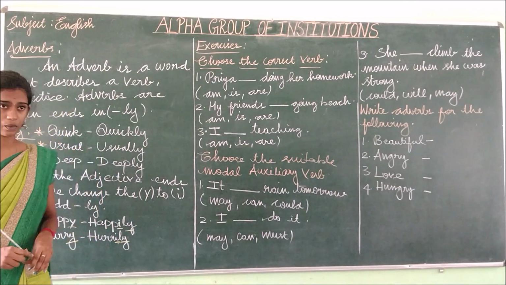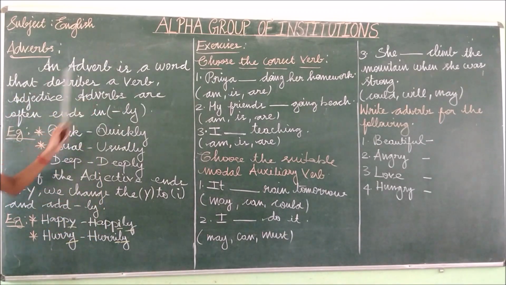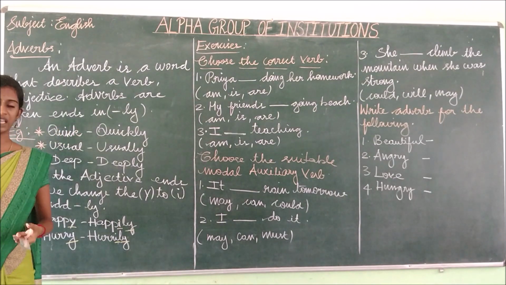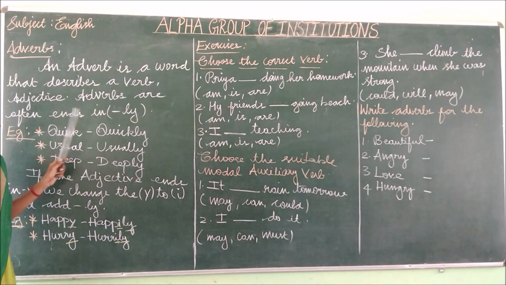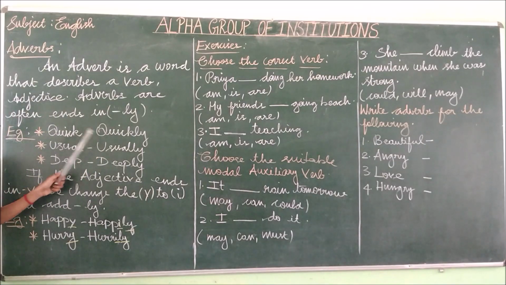So what is known as an adverb? An adverb is a word that describes a verb. It modifies it. It describes the verb and adjective. Adverbs often end in ly. Quick, quickly, usual, usually.